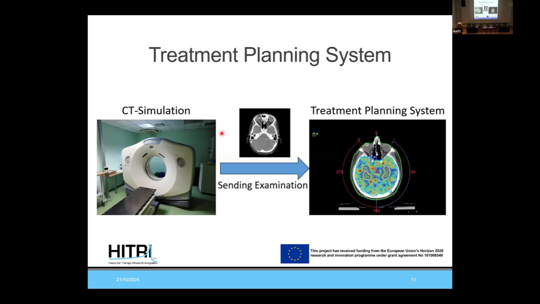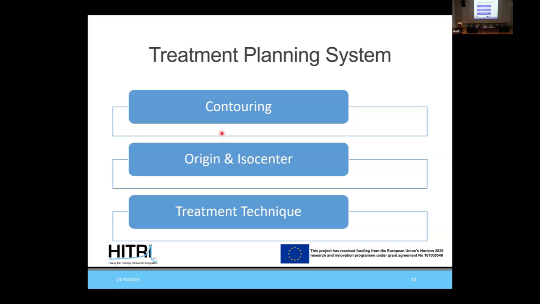Basically, what we want is to hit the target, to hit the PTV, the planning target volume or planning tumor volume, whatever you want, and to protect all the other organs, all the healthy tissues. So basically, we want to discuss contouring. It's very essential for us.